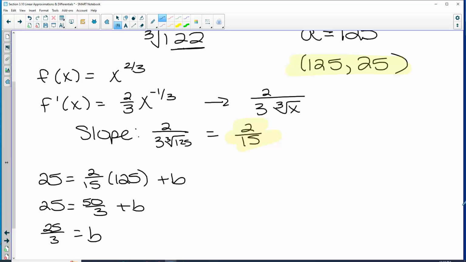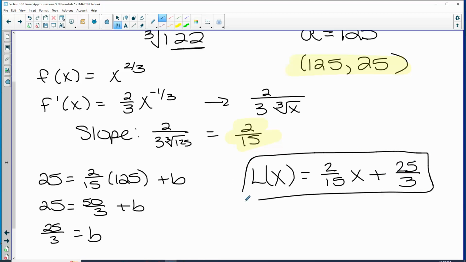We get 25 over 3 for the y-intercept. So the linearization is 2 over 15 x plus 25 thirds. So that is the line I could use to approximate, and it will work for x values close to 125.